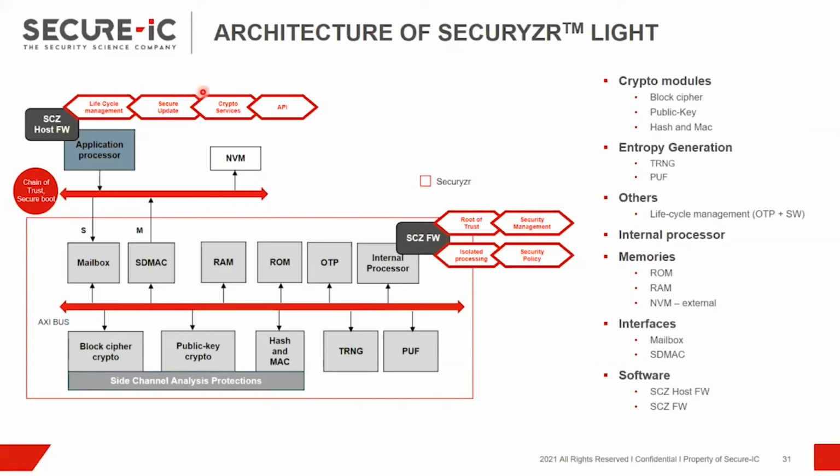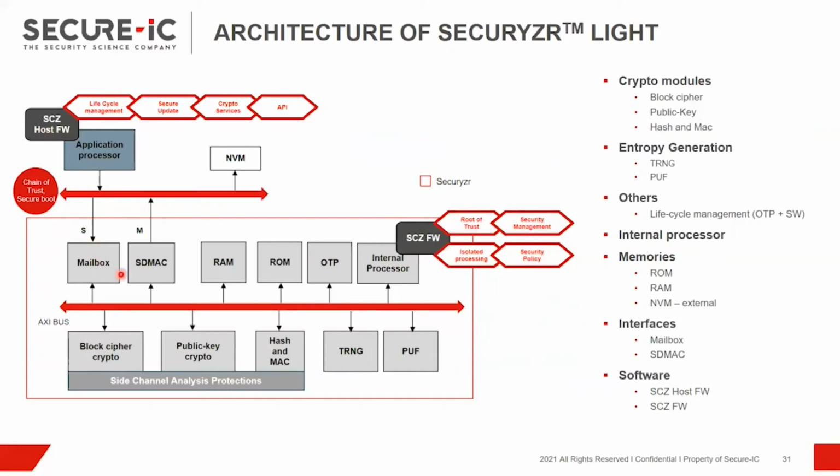Services relative to the usage of cryptography, for example, to ensure secure communication protocols, as it can be for TLS, for IPsec, and also for the LoRaWAN protocol, for example. The Securizer is also in charge to manage the security policy and to protect the keys which are necessary to offer all the other services.